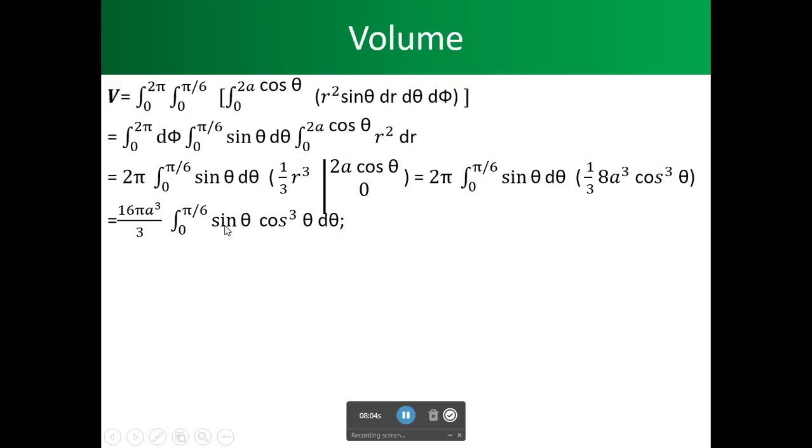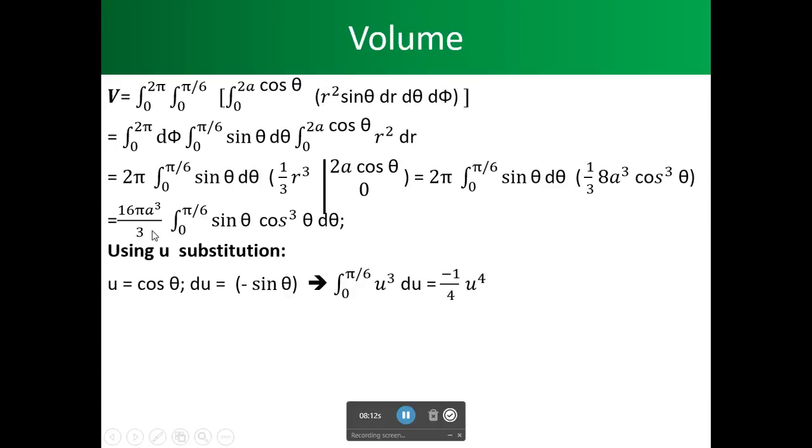our sine and the cosine cubed, all right, let's use u dv. Okay, we got to use u substitution. So we're going to plug in for u the cosine of theta, and du, the derivative of cosine theta, is minus the sine of theta.